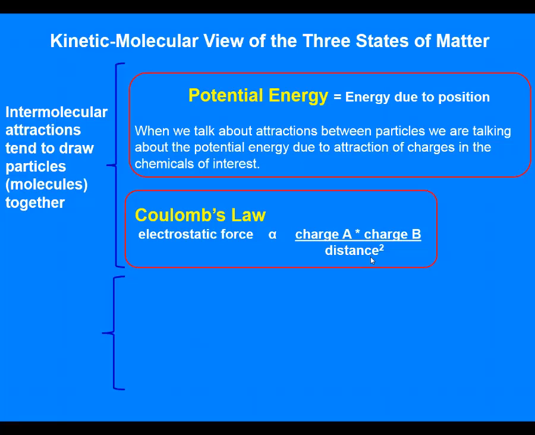If I have a nonpolar molecule, you might think that there could be no electrostatic attraction, but you'd be incorrect. We'll see later on that the electron clouds can distort on occasion, and we'll have some specific names we're going to be giving that in our future discussions. But right now, realize my potential energy when I'm looking at these particles attracting one another is going to be related to these electrostatic forces and that Coulomb's law of attraction between charged species.